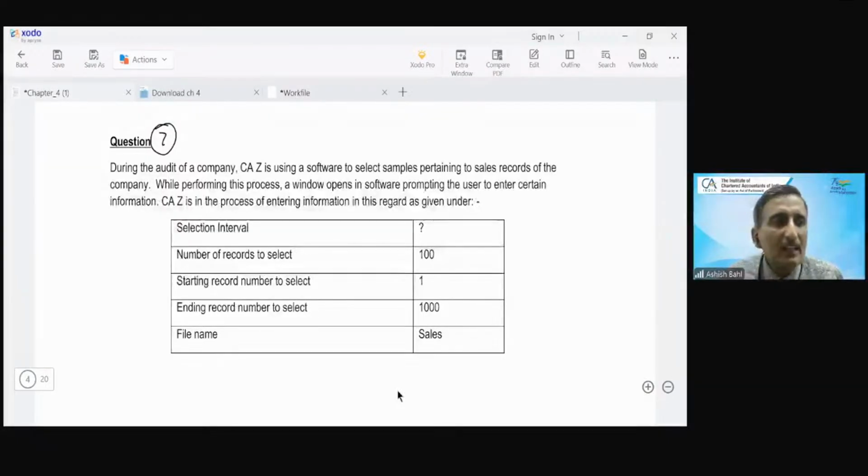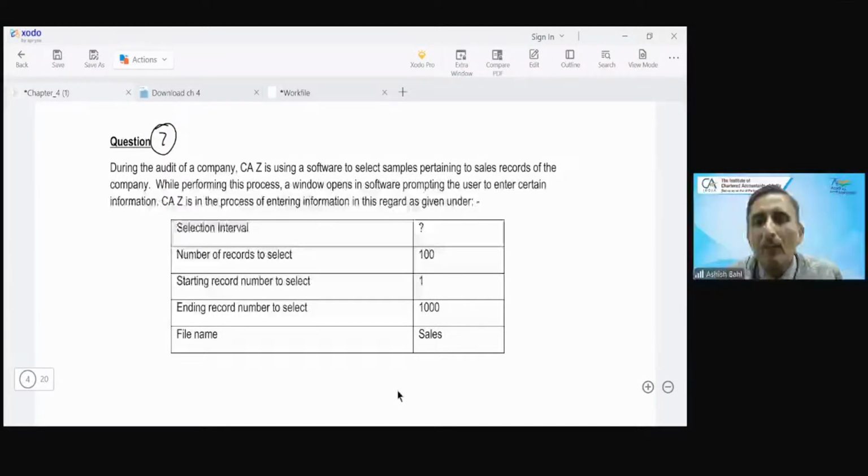Many tools are available in the market in the form of off-the-shelf software packages which help in obtaining samples. While performing this process, a window opens in the software, prompting the user to enter certain information, and CA Z is in the process of entering this information.